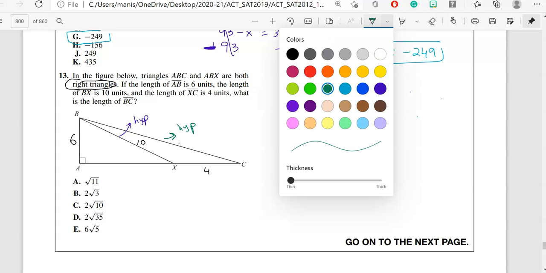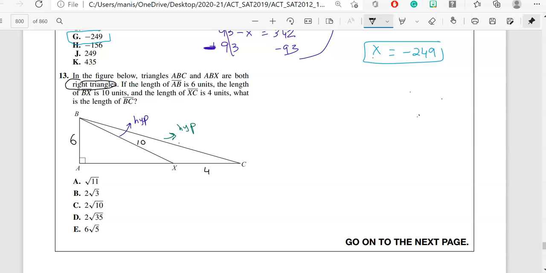So first of all, what I will do over here is use triangle BAX. As you all know, it's a right triangle, so I can apply the Pythagorean theorem: A squared plus B squared equals C squared.